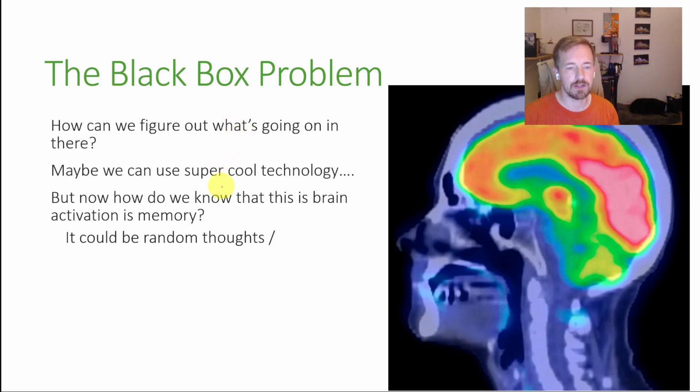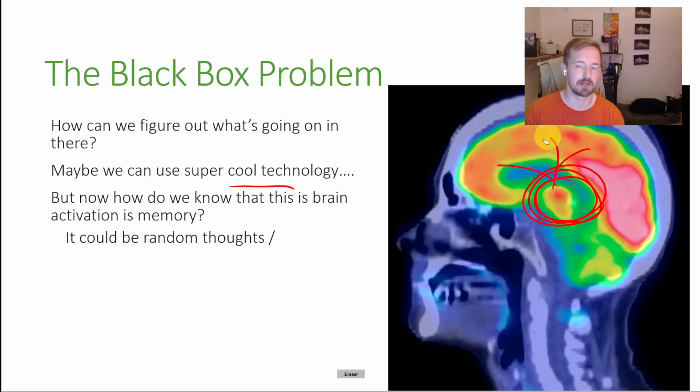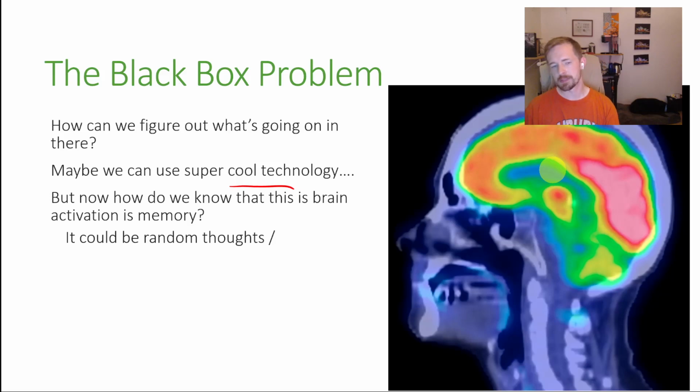One is that we can use some super cool technology, right? We can use an MRI machine, and we can look at what's going on in the brain, and we can say, okay, this area right here, that's where memory is stored, and this is the area that is going to distribute memory across the cortex or whatever. So yeah, we might be able to use technology to peer inside this black box.